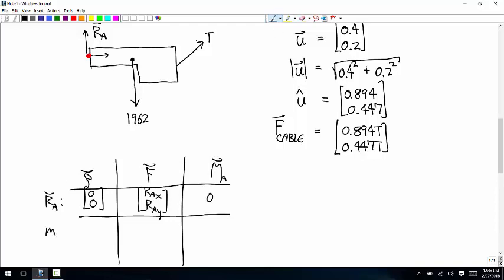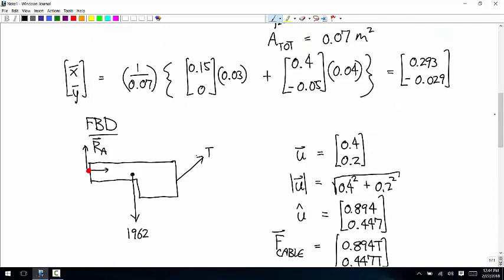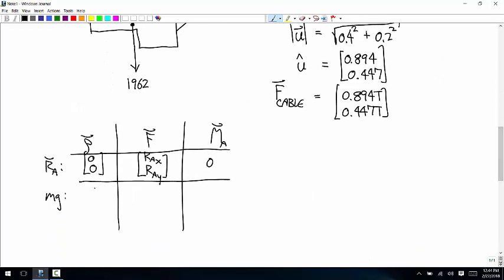Then the weight force. Whenever you have your about point at your origin, the row vector is just the coordinates of the point. So we know the coordinates of the centroid, that's a row vector. Whatever that was, 0.293, negative 0.029.